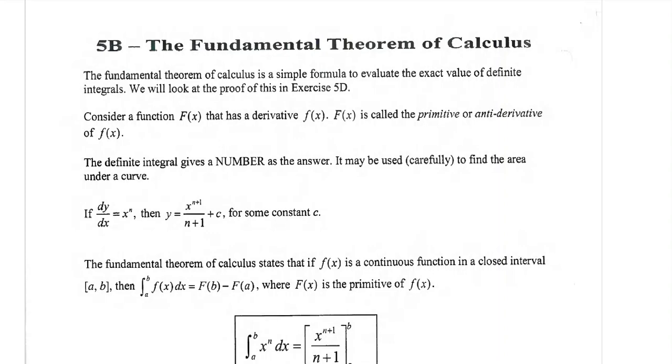So if we have dy over dx equals x to the power of n, we learned this last year. If I want to go from a differential equation back to the y equals equation, whatever this power n is, we add 1 to that power, so it becomes x to the n plus 1, over n plus 1 on the bottom.